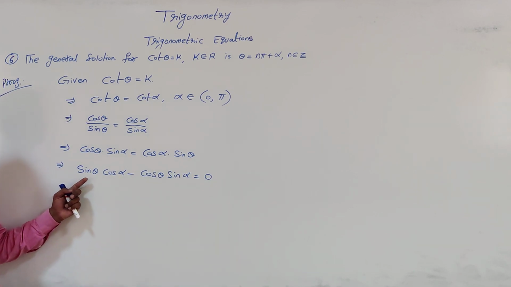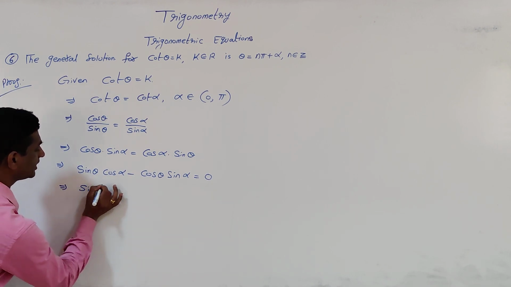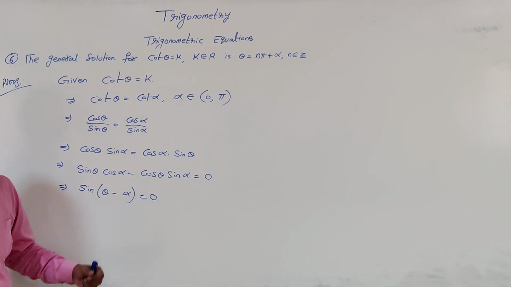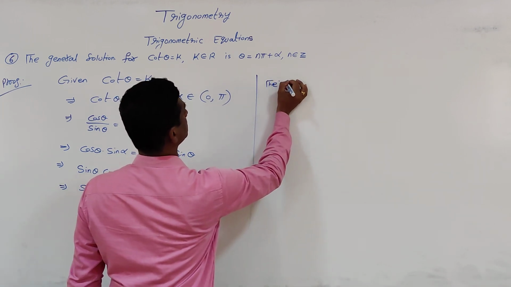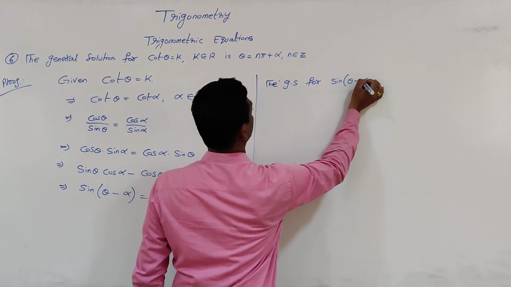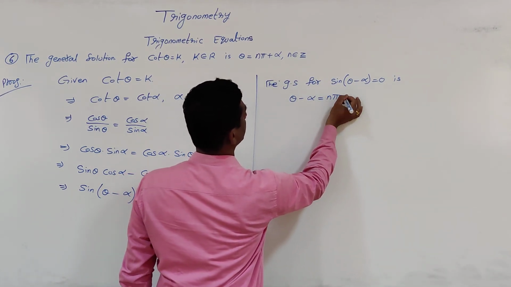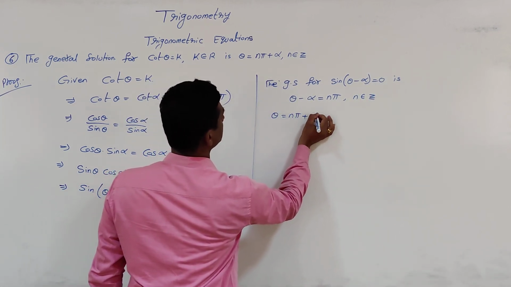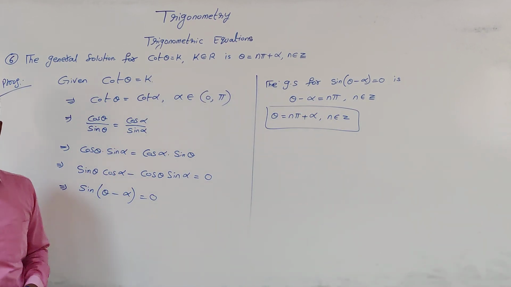Again it is in the form of sin A cos B minus cos A sin B, so that gives sin of (A minus B), theta minus alpha, is equal to 0. Now it is in the form of sin x equal to 0, and we know the general solution of x. Similarly, the general solution for sin of (theta minus alpha) equal to 0 is theta minus alpha equal to n pi, where n belongs to Z. So theta is equal to n pi plus alpha, where n belongs to Z. So that is the general solution for cot theta equal to k.